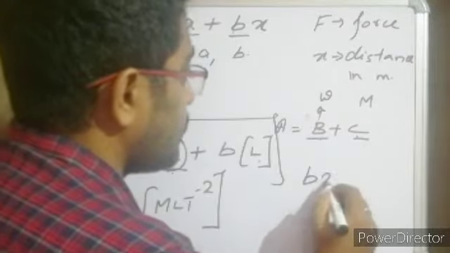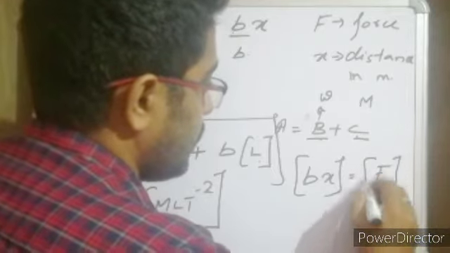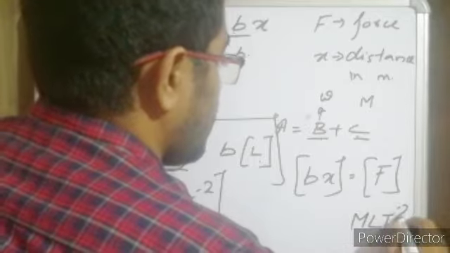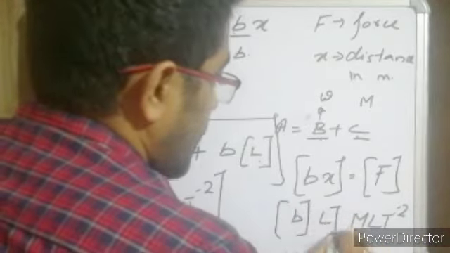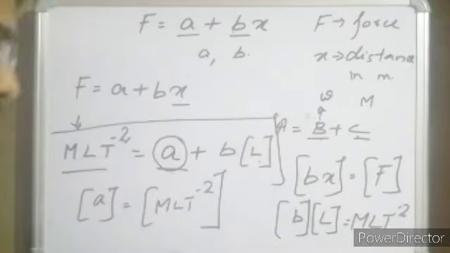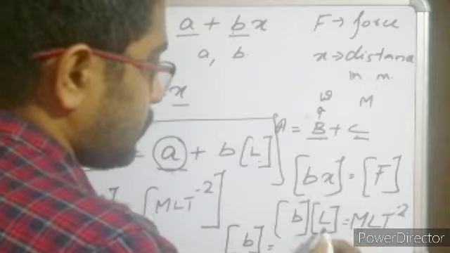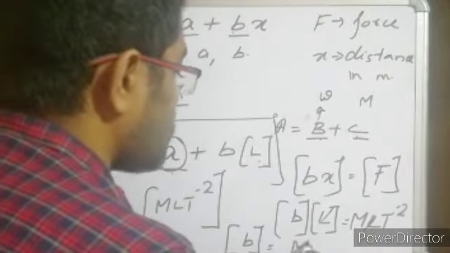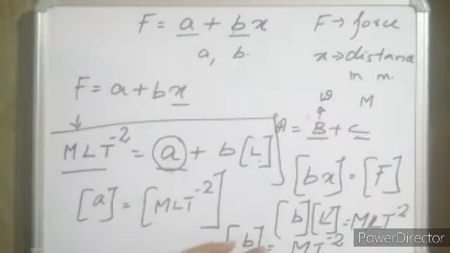Again, the dimension of Bx should also be equal to that of force, MLT^-2. B is unknown, and x is L, because it is a distance. So for the dimensional formula of B, L and L get cancelled, and finally we get MT^-2. That will be the dimension of B.